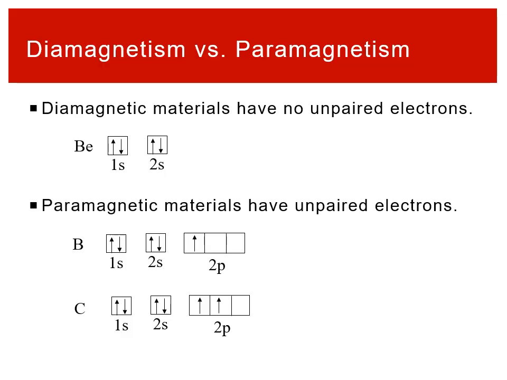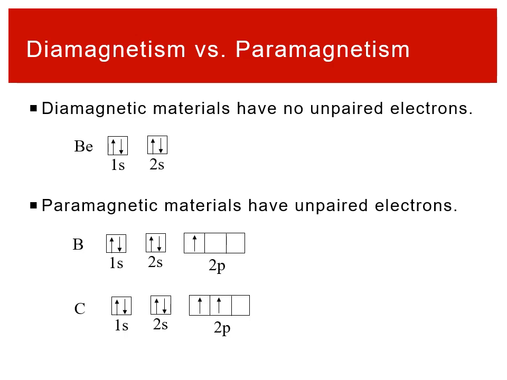Whether or not a material is diamagnetic or paramagnetic is understood based off its orbital diagram. It has to do with whether or not the electrons are paired or unpaired. So if we look at an atom like beryllium, 1s2, 2s2, all of its subshells are full. It has no unpaired electrons in a particular orbital. Beryllium is diamagnetic.